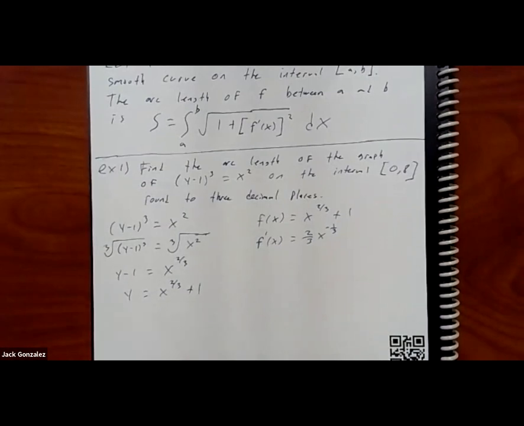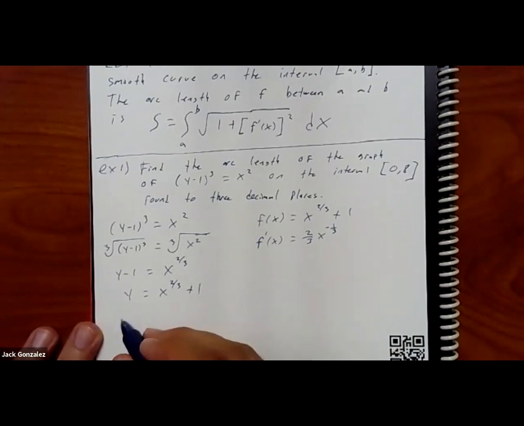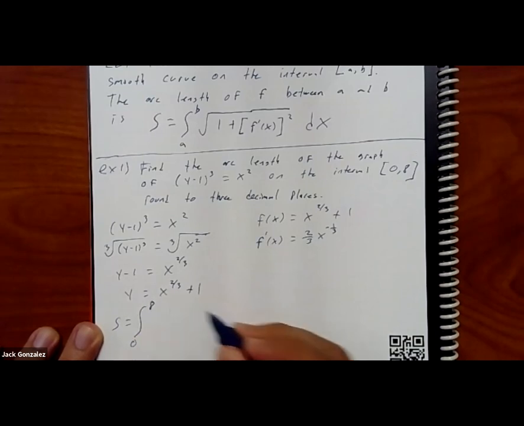Right? So I'll use your formula. So we're going to integrate. So the arc length will be the integral from 0 to 8 of the square root of 1 plus the derivative squared.